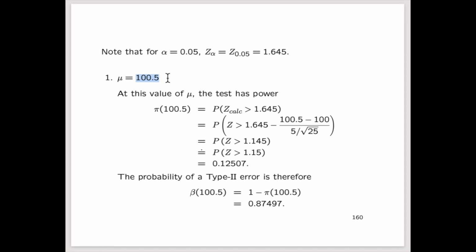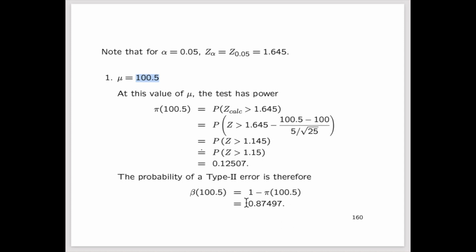And because of that, we see that we don't have much power for detecting the fact that the null hypothesis is false. In fact, there's only about a 12.5% chance when mu is equal to 100.5 that we would get a hold of a sample that would lead us to the correct conclusion that the null hypothesis is in fact not true and that the alternative hypothesis is true.